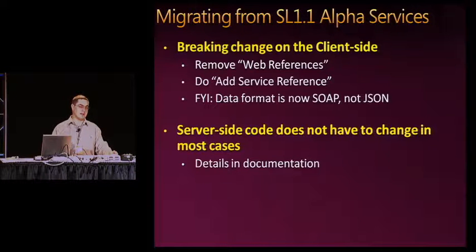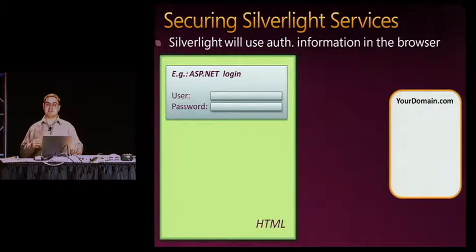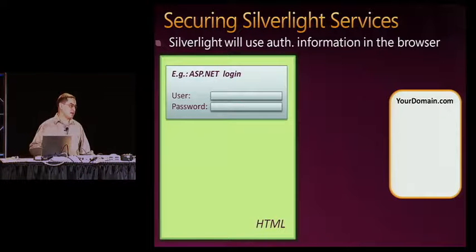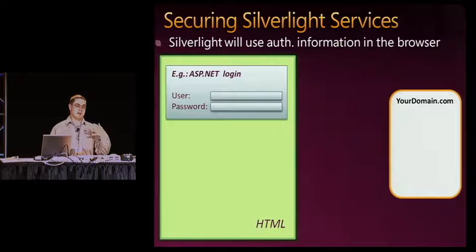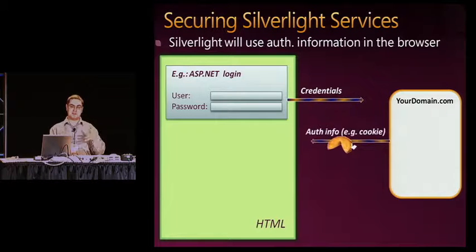The other topic I wanted to cover with respect to creating services is once you create a service, how do you actually secure it? And so what happens here is that Silverlight will basically reuse the same authenticated connection or the same authentication information that's cached by the browser associated with a particular domain. And so what happens is if you're logging in from your regular web page code, so for example, you have an ASP.NET login control, you're sending over some credentials, and your ASP.NET server will send back some authentication information, perhaps a cookie.